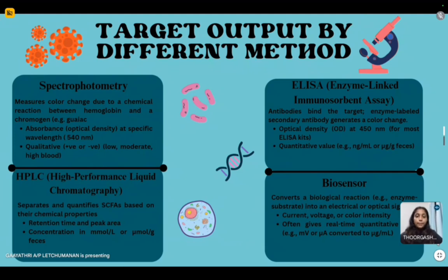Last is biosensor. A biosensor converts a biological reaction, for example enzyme-substrate, into an electrical or optical signal. It also gives current, voltage, and color intensity. It often gives real-time quantitative data in millivolts and also microvolts.